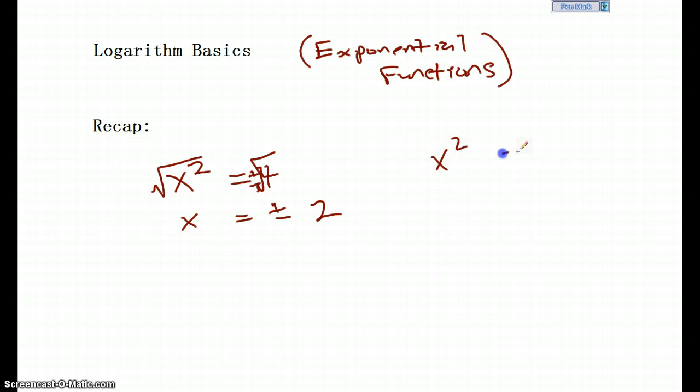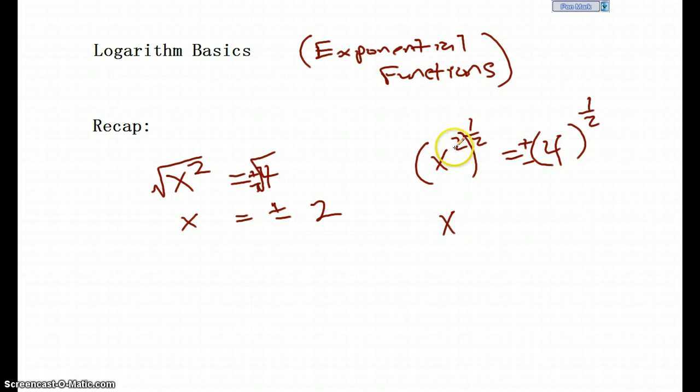Alternatively, we've looked at it this way, where we can raise both sides to the 1/2 power. Now because this is an even exponent and anything times itself an even number of times will always be positive, we still want to put the plus or minus out here when we know that the root itself is an even root.